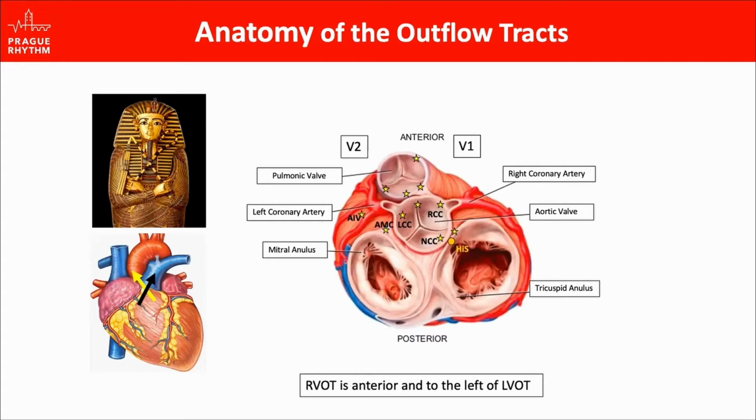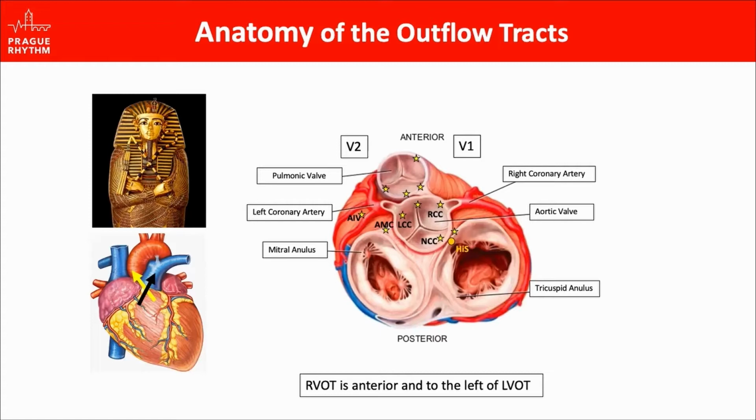RVOT has two parts. As we know, there is the septal part and a posterior part, and the septal part can be divided into the anteroseptal part, midseptal part, and posteroseptal part. Here you can see that the anteroseptal part is in close proximity to the left anterior descending artery, and the posteroseptal part is in close proximity to the RCC.